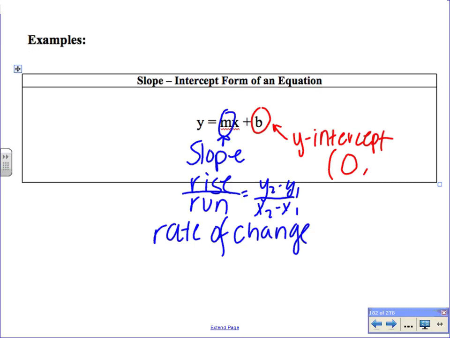If I plug in 0 for x, what's y always going to be if it's in this form? Evan, what do you think? Right, this number right here, b. So if I plug in 0 for x, my y-intercept is always going to be b. So the y part's always going to be b.